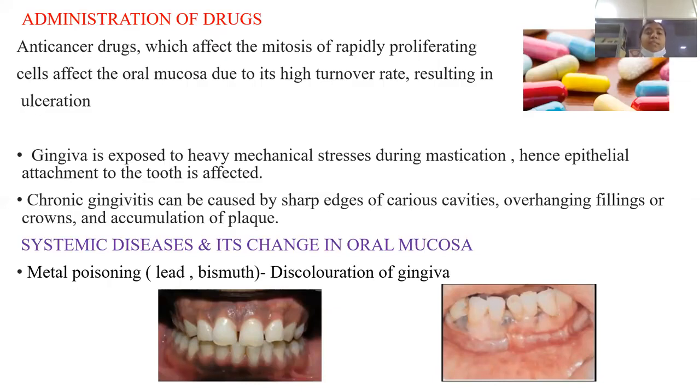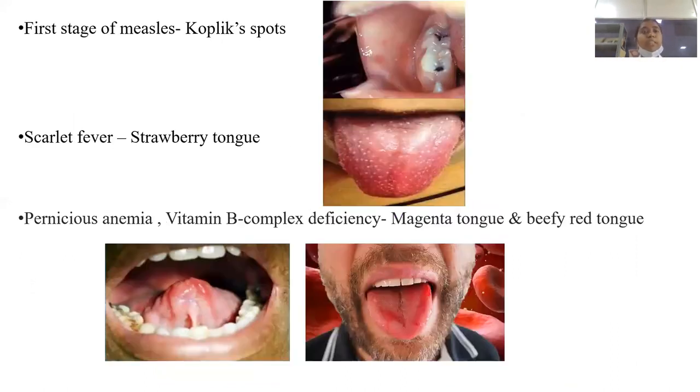Then comes systemic diseases and their changes in the oral mucosa. Not only drugs and external applications can damage the oral mucosa; systemic diseases can also damage it. So clinical consideration can be based on systemic diseases also. Here, metal poisoning, that is lead, and discoloration of the gingiva can be seen in these two pictures. Then comes measles.